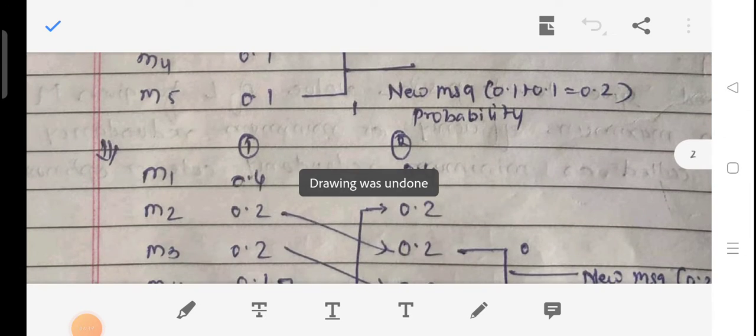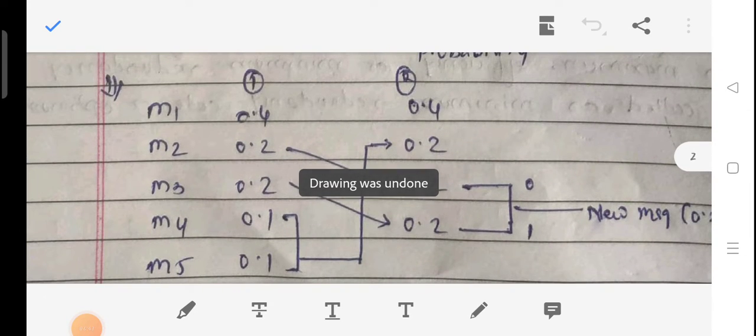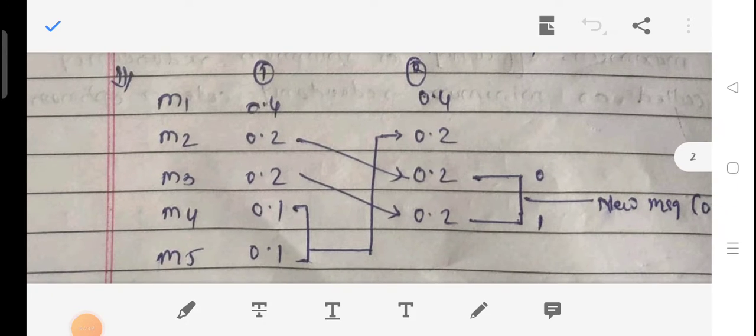Now I have to place the new message probability in my probability list. So in the second column, or second stage, again arrange those probability values. But now we already have two messages with the same probability value 0.2, that is M2 and M3. Since these already have the same value, give the new message the highest priority compared to the previously existing messages.